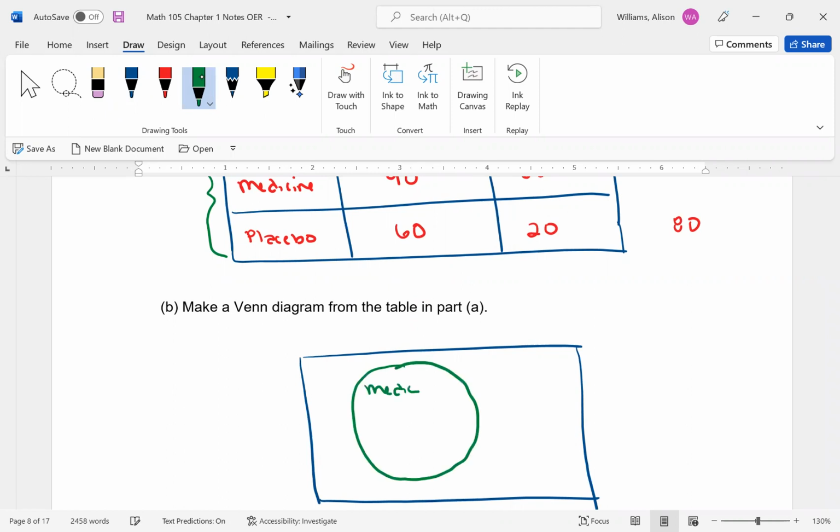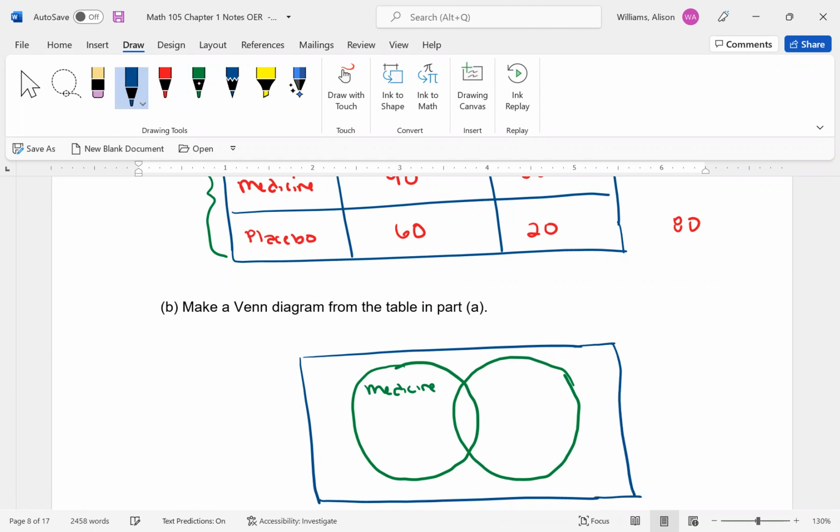So medicine, and wow, terrible circle. I probably should make the bigger box, the universe box, a little bit bigger. There we go. And this will be the improved category. So those are the two pieces of information we're most interested in.